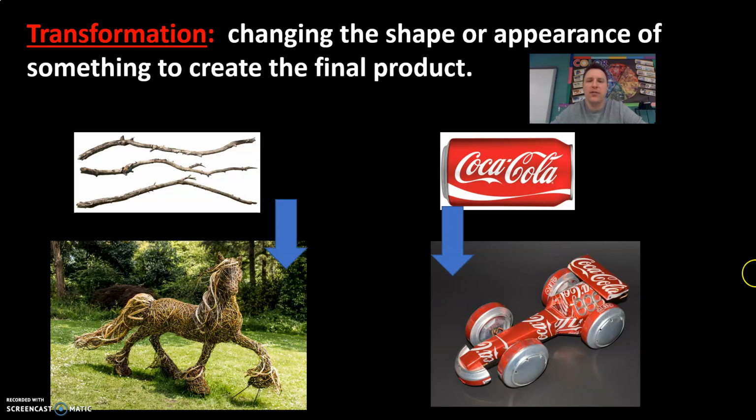And over here you have a Coca-Cola can, an everyday soda can that the artist used to cut and build this race car out of at the bottom. So both the Coke cans and the twigs and branches were transformed into those projects. Again, first you have the found object, then you transform it, and then lastly you have your sculpture that was made from those objects.